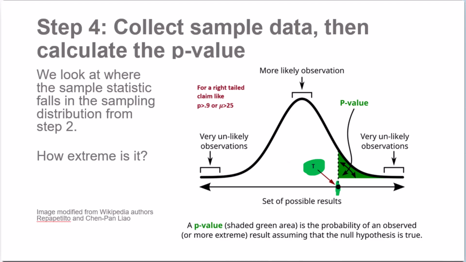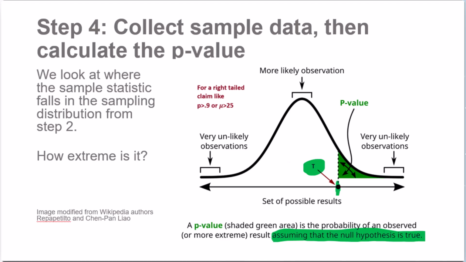Where does it fall? Now, in the sampling distribution, we are assuming that the null hypothesis is true, and this is key. So we're saying if the null hypothesis is true, where does our sample value fall? Where does it lie? In this picture, the test statistic is above the peak, so it's a little bit higher than what we would expect, but not necessarily super high.